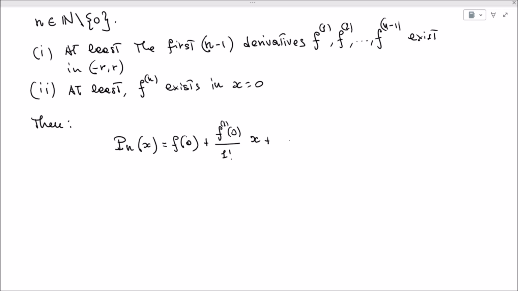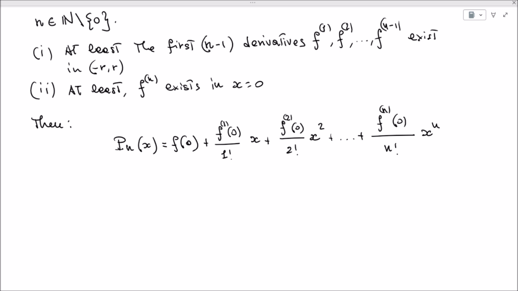And the coefficient of x to the square will be similar. It will be the second derivative evaluated at the origin divided by 2 factorial, up to the final term x to the n, and the coefficient will be the nth derivative evaluated at the origin divided by n factorial.